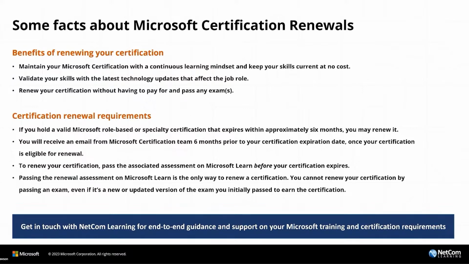If you wrote the renewal exam in October of 2022, your certification doesn't expire October 2023. It's still good till April 2024. So it's based on when your exam was originally passed and that original expiration date. So again, you'll get extra time for passing the exam sooner rather than later.